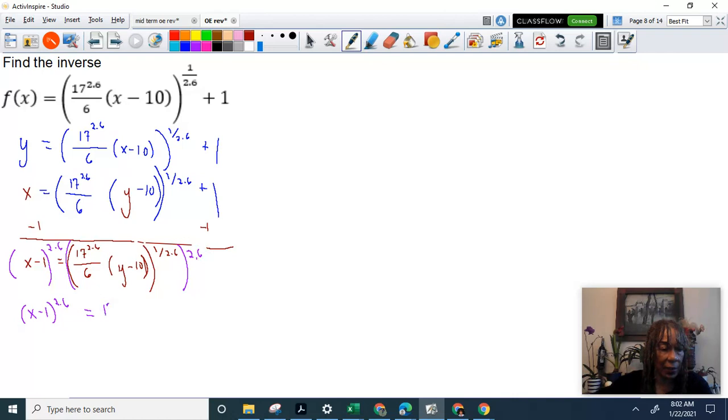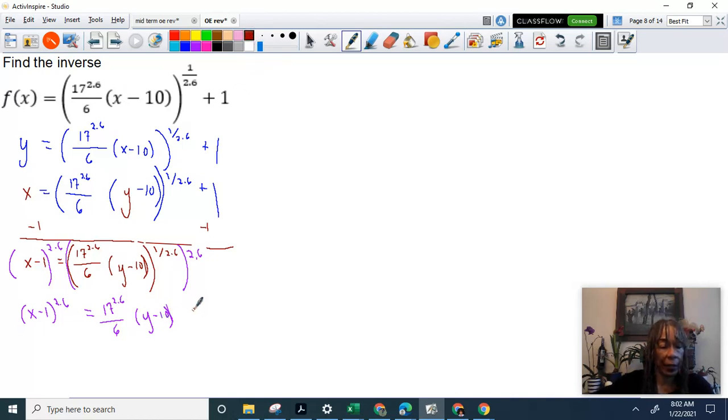I've got this number, 17 to the 2.6 over 6, times the quantity of y minus 10. And that is all that's left on the right side, which is a beautiful thing, because now I just have to multiply by the reciprocal of the ugly number to get the y minus 10 quantity alone.